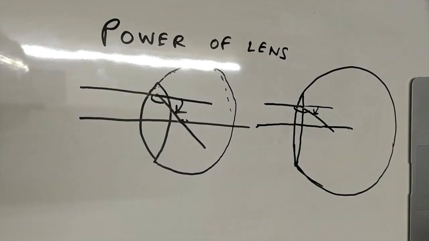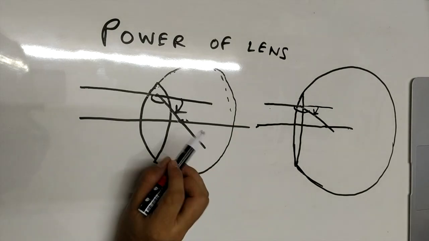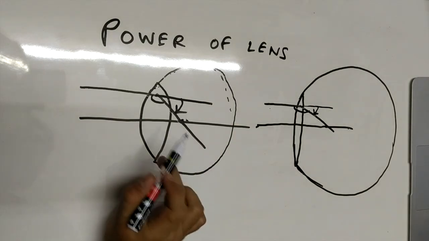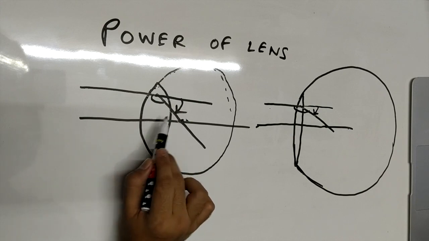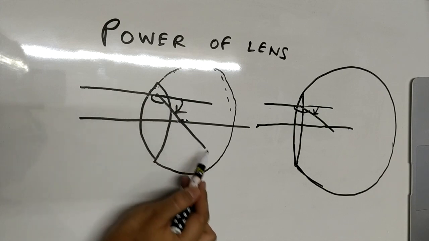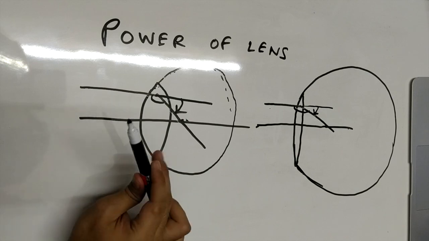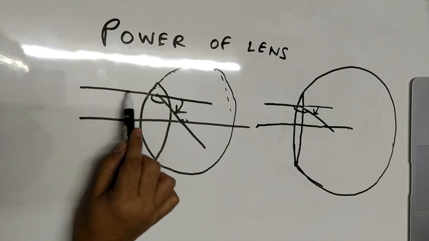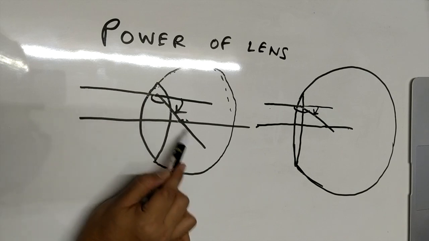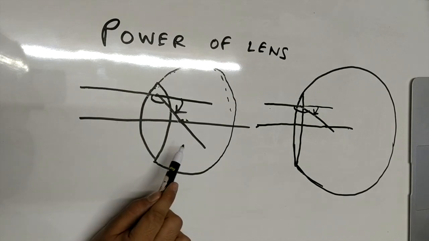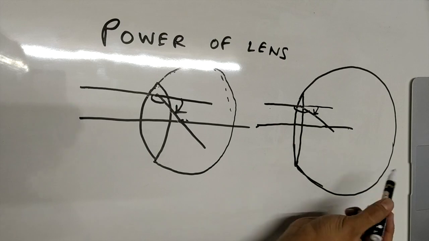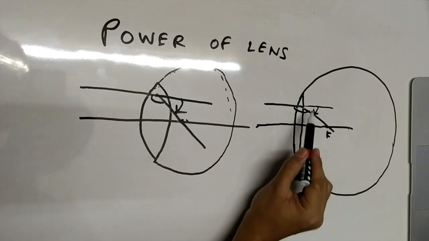Now, which lens will be able to bend it more? The lens which has the focus nearer to it will be able to bend the light more, correct? Because the rule is, whenever there is a line parallel to the principal axis, it should touch the focus. So if the focus is nearer, it has to bend even more to touch the focus. Here the focus is farther, so it does not have to bend more.